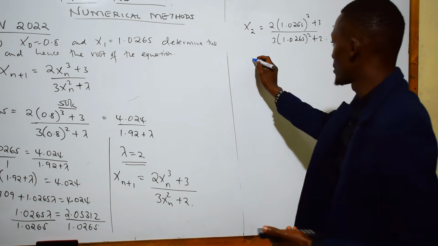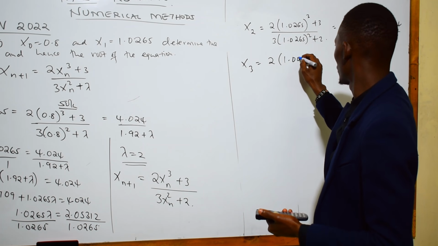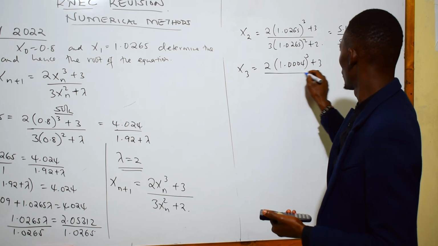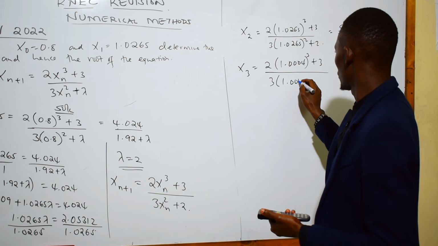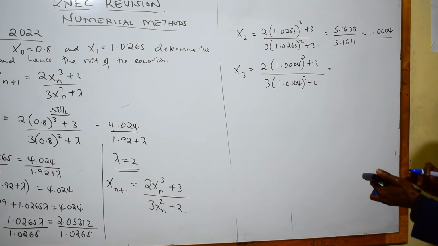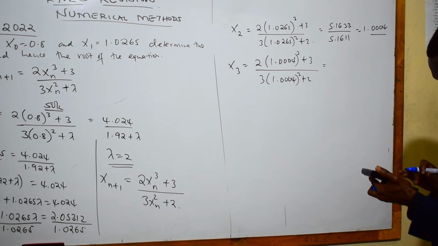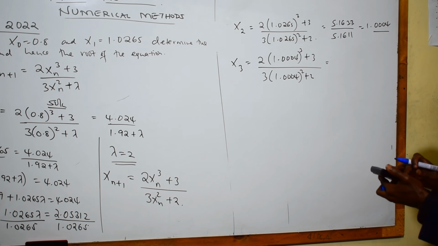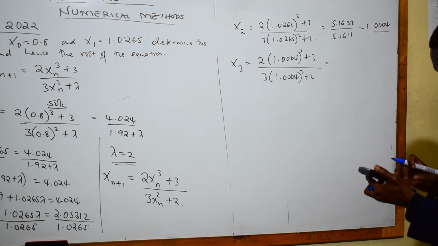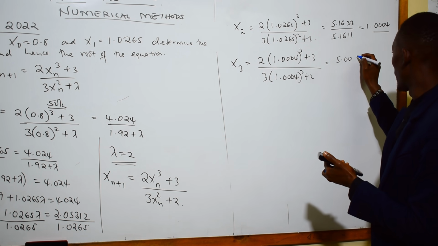So we can just check our x3 to verify our answer. So we use this term now, 1.0004, cubed, multiplied by 2, plus 3, over 3 times 1.0004 squared, then plus 2. The numerator gives you 5.0024.